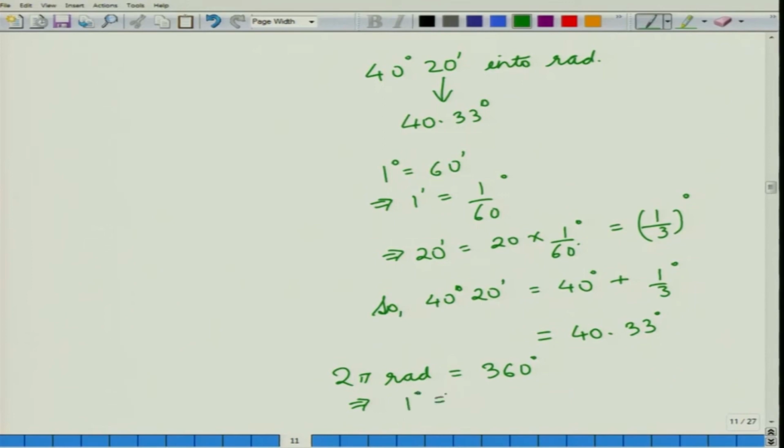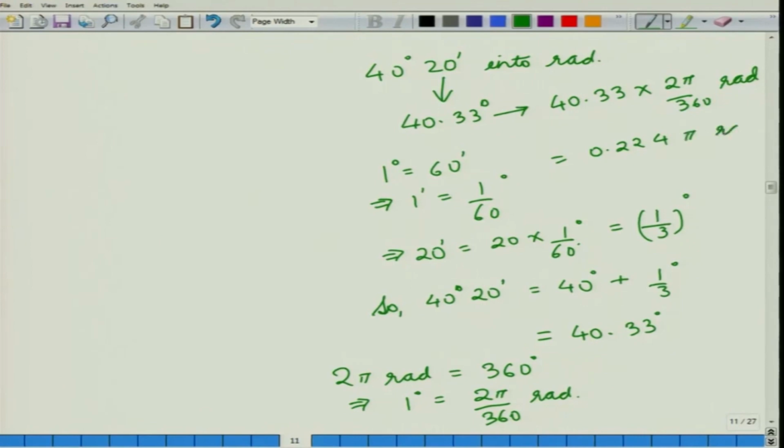So, 1 degree is equal to 2 pi upon 360 radians. So, 40.33 degrees will be equal to 40.33 into 2 pi upon 360 radians, which is equal to 0.224 pi radians or 0.703 radian. So, essentially 40 degrees 20 minutes is equal to 0.703 radian.